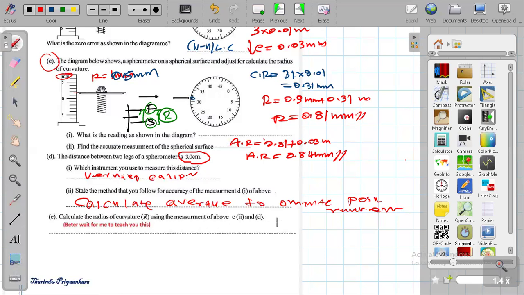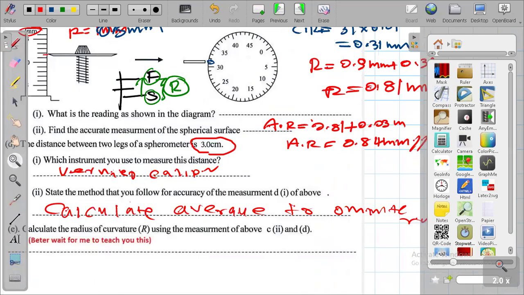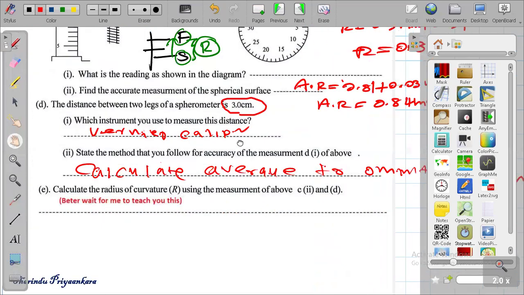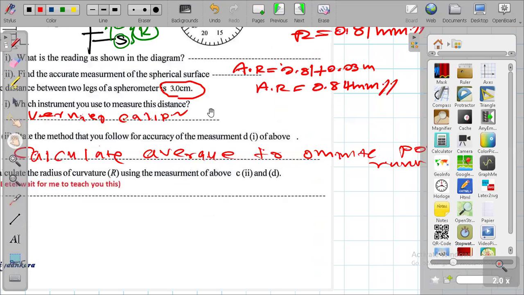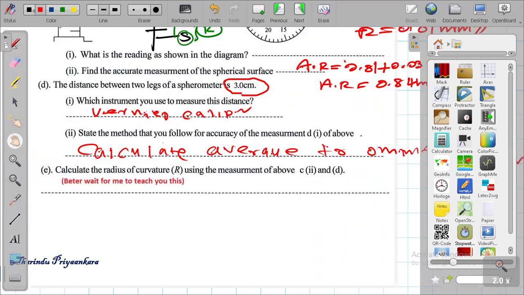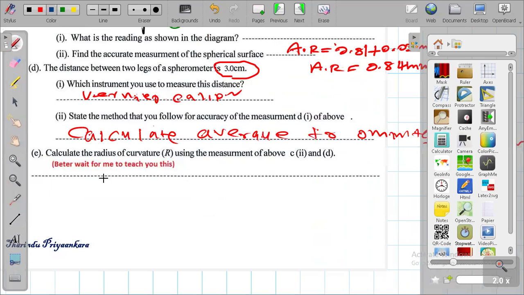Calculate the radius of curvature using the measurements above, C2 and D. C2 is here, that is H, and the reading. I told you they never ask you to derive it, but you have to apply the equation. In term test only, sometimes they don't give the equation, so you may have to remember, but in A level, normally they give the equation and ask you to apply real values.